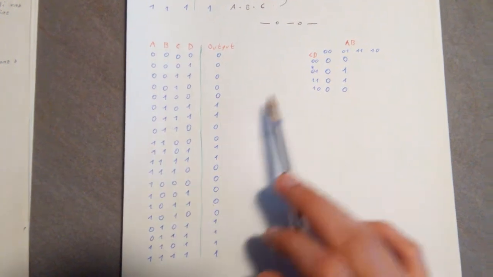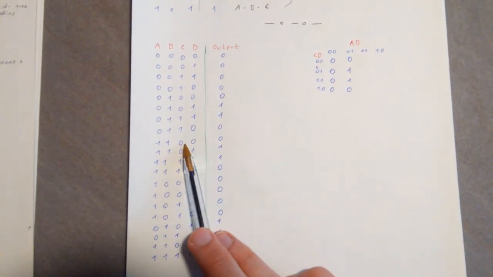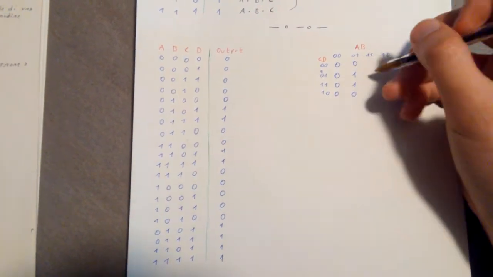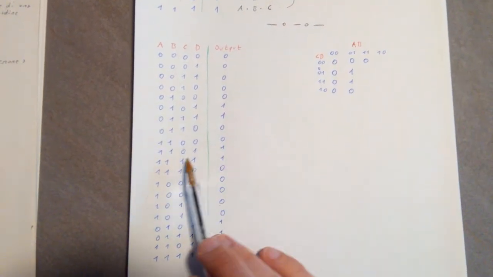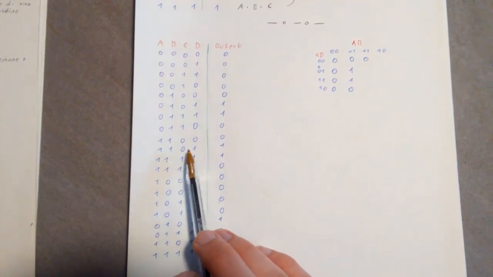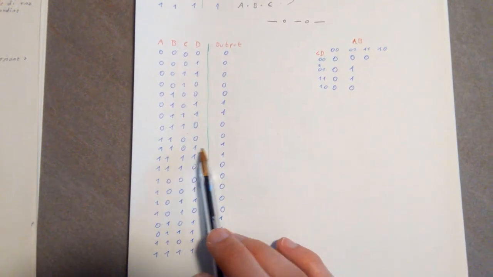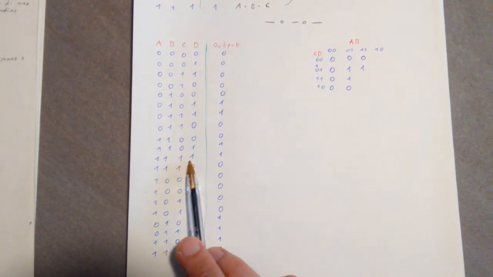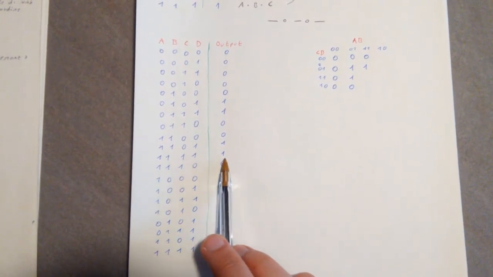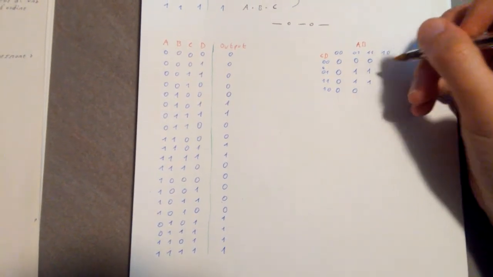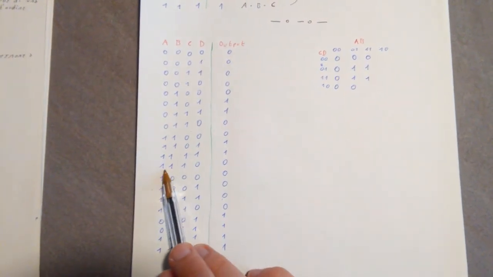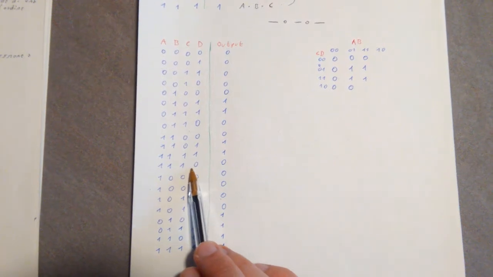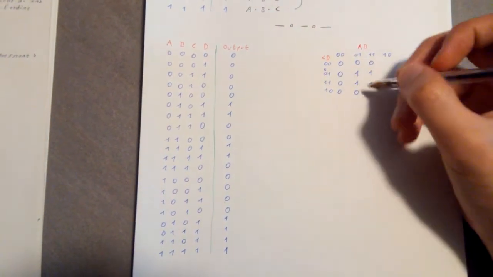And then we go on. When A and B are 1, 1, C and D are 0, 0, then the output is 0. When A and B are 1, 1, C and D are 0, 1, the output is 1. When A and B are 1, 1, C and D are 1, 1, the output is 1. When A and B are 1, 1, C and D are 1, 0, the output is 0.